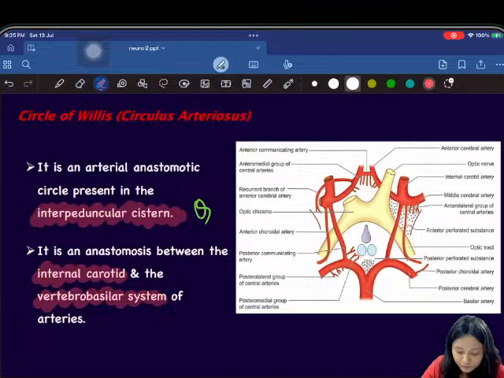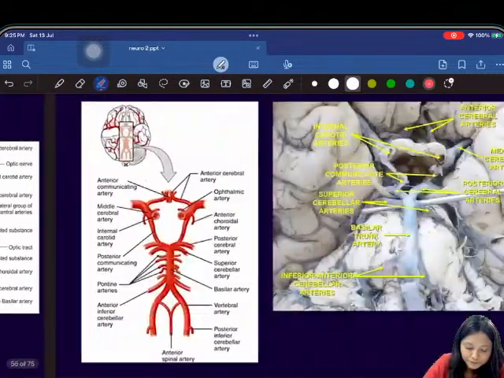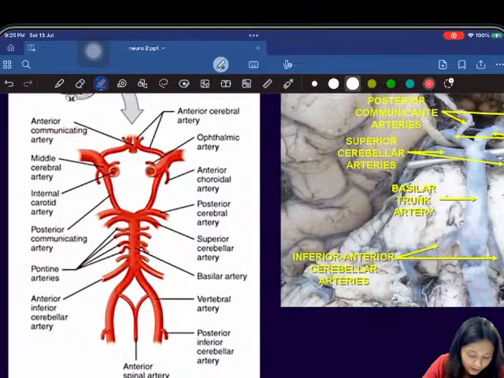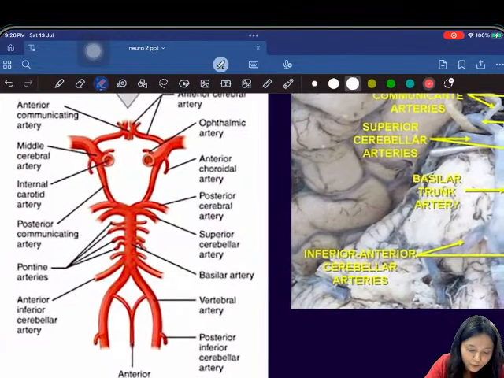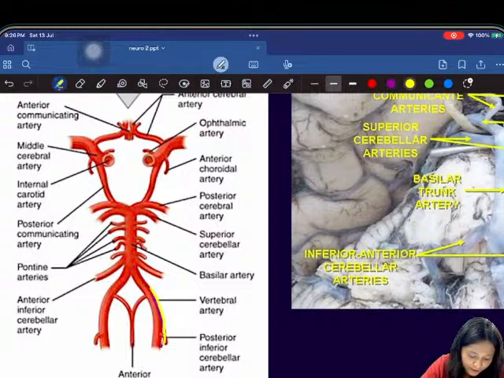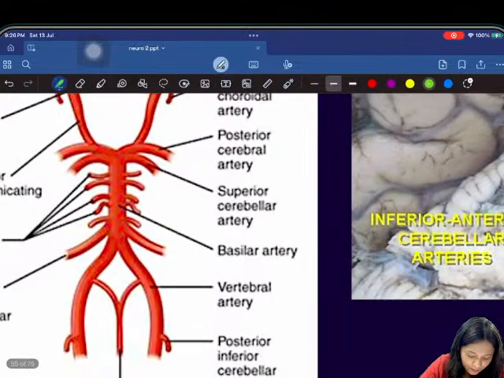Now, as you can see in this cadaveric image, now you know how the circle of Willis is formed. I hope you remembered. So you know that the two vertebral arteries from both sides.